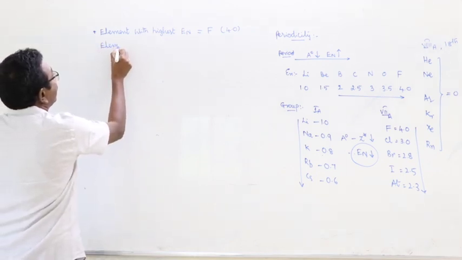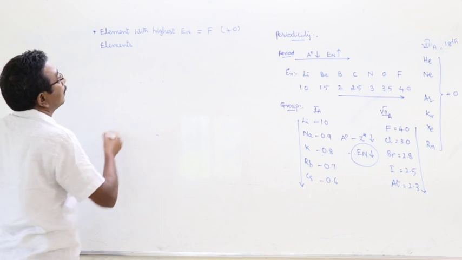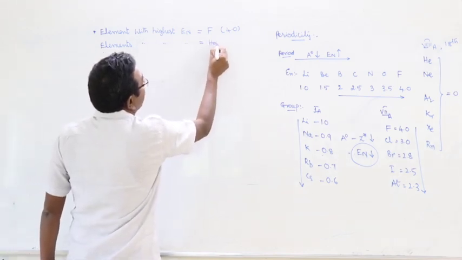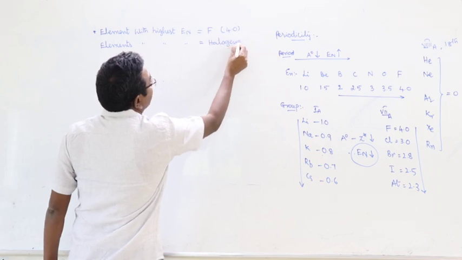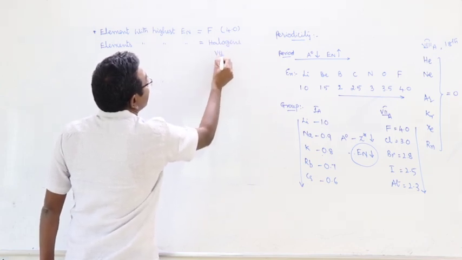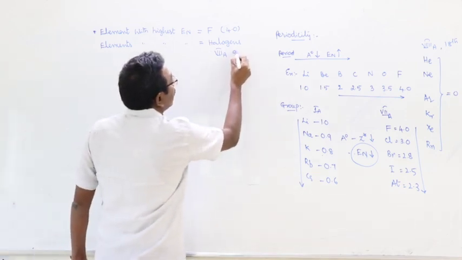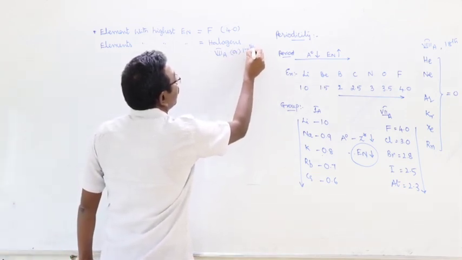Elements with highest electronegativity in their respective periods: halogens or 7th A group or 17th group.